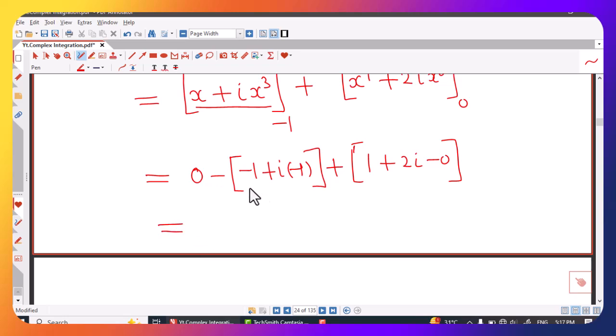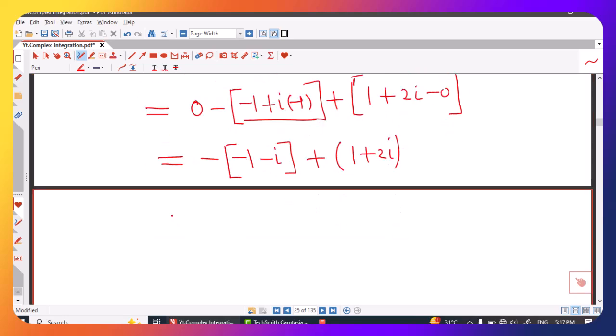If we multiply with -1, or we can write one more step, this is -1 minus i, and here we have 1 plus 2i, and finally this is going to be 1 plus i plus 1 plus 2i, and this is going to be 2 plus 3 into i.